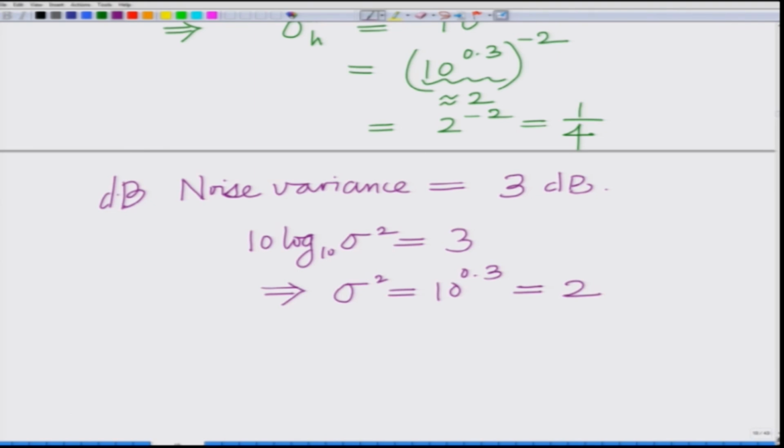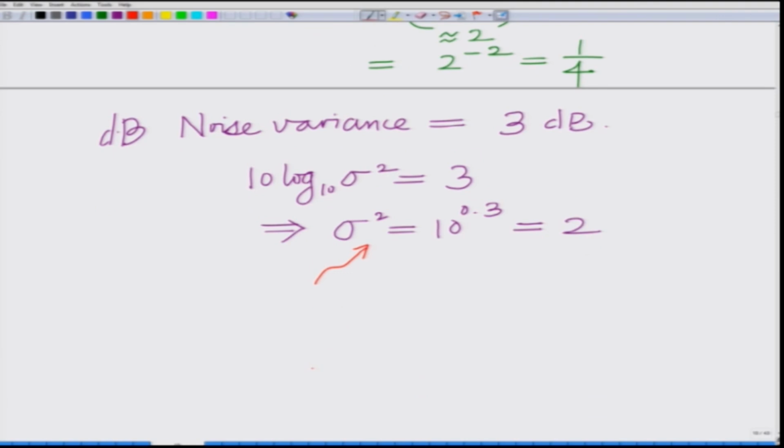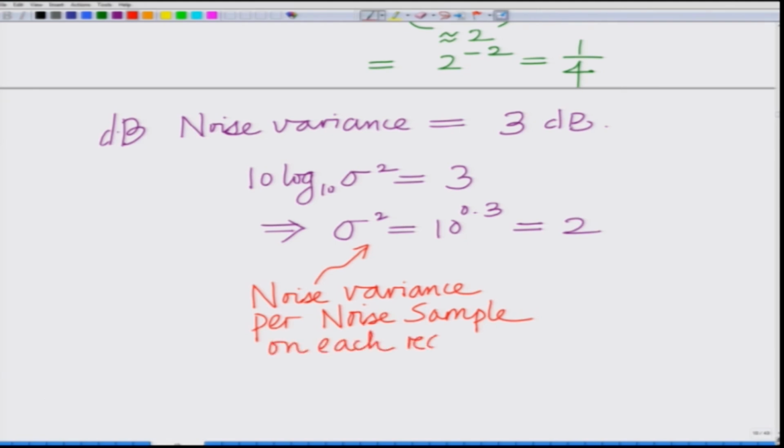So sigma square is the noise variance per noise sample on each receive antenna, as we have gone through when we discussed the noise, and that is equal to 2.